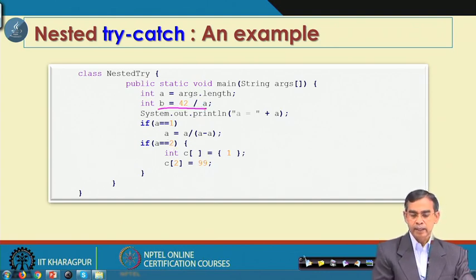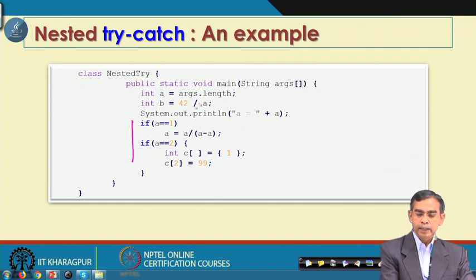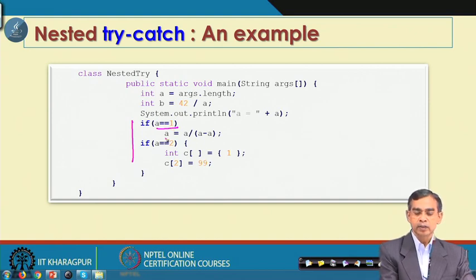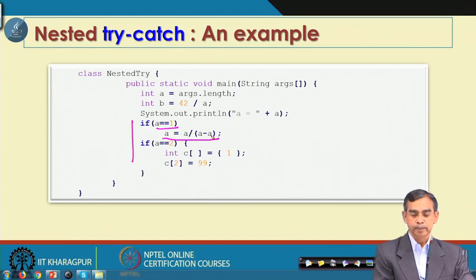Now, again, suppose the user enters only one input. In that case a equals 1, and in that case also it will give an error, the divide by 0 error.